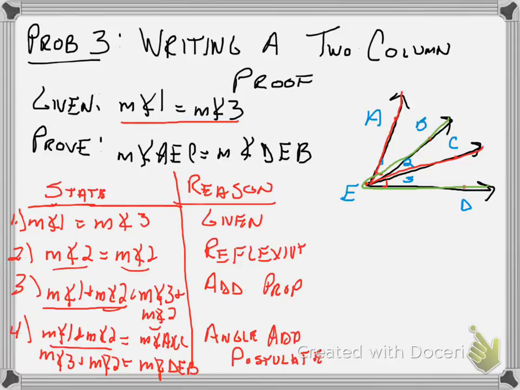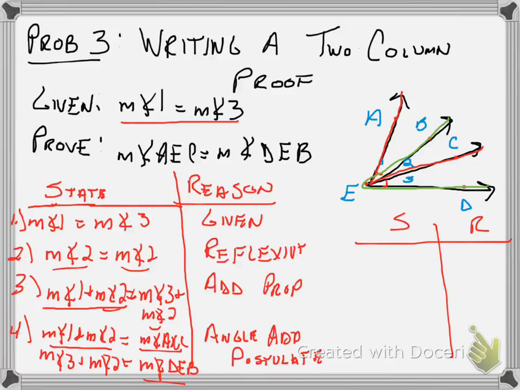And I apologize, I have to go over here, but again, try to keep this in one thing. Statement, reason. Okay, and the last thing here, now I have this stuff here. Well, I can go ahead and do what now? Well, I already had measurement of angle 1 plus measurement of angle 2 equal to measurement of angle 3 plus measurement of angle 2. So then I stated that those two things are equivalent to AEC and DEB.